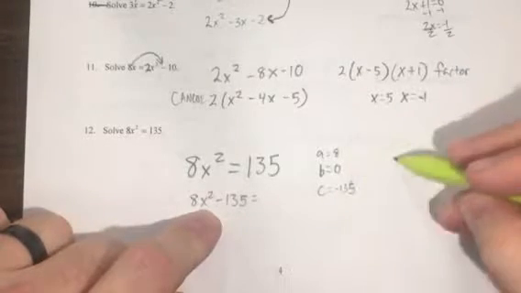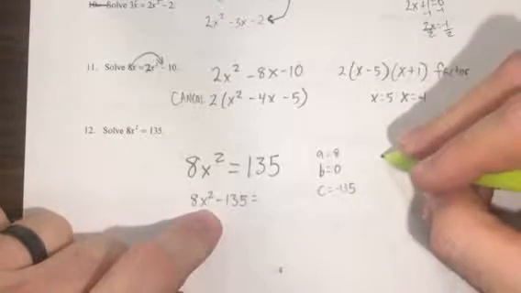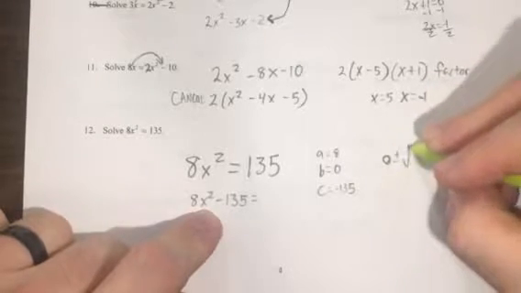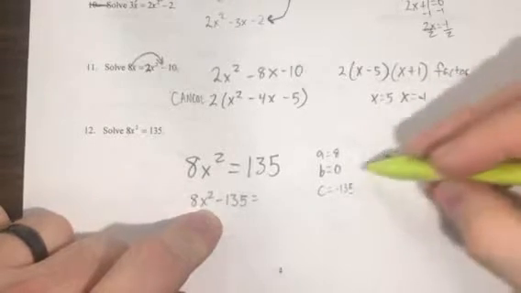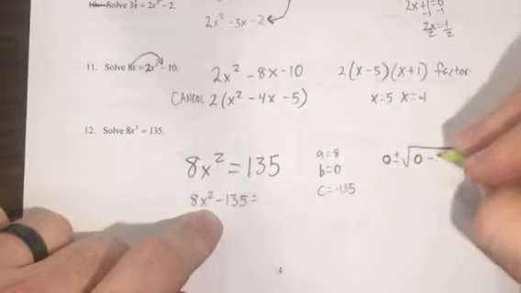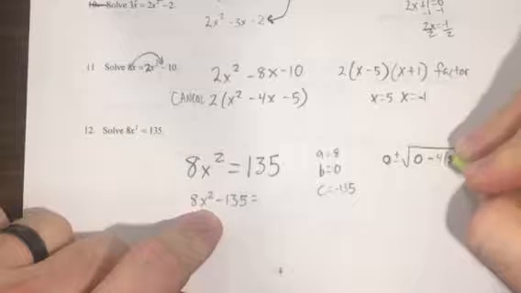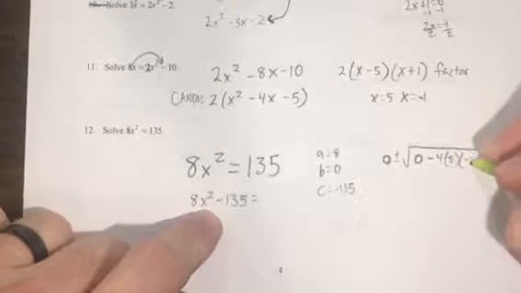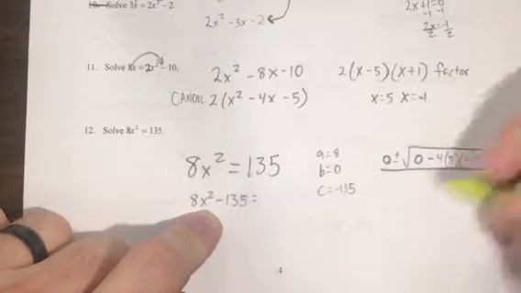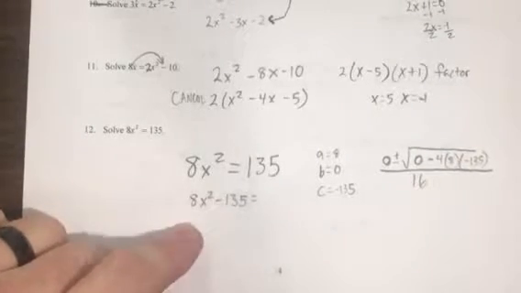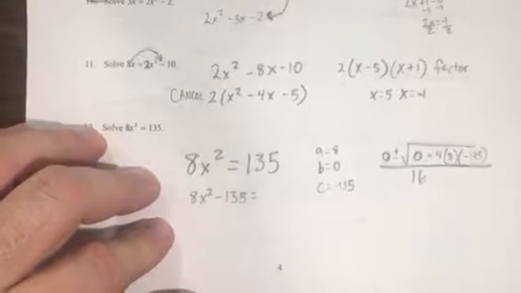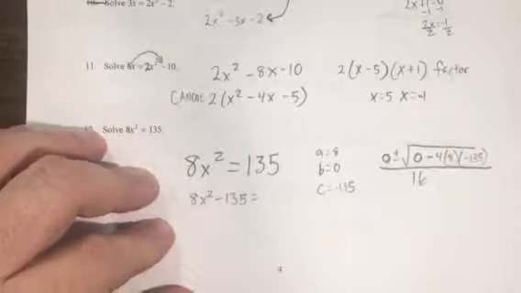So there's going to be nothing here. x equals negative b, plus or minus the square root of b squared, which is nothing, minus 4 times 8 times negative 135, all over 16. Everybody following me? Okay, everybody there?